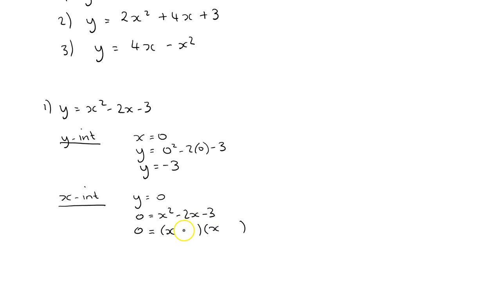So that is going to be x minus 3 and x plus 1. So we've now got x minus 3 is equal to 0, or x plus 1 is equal to 0. That leaves us with two solutions for x, two x-intercepts, or roots or zeros. So x is equal to 3, or x is equal to minus 1.